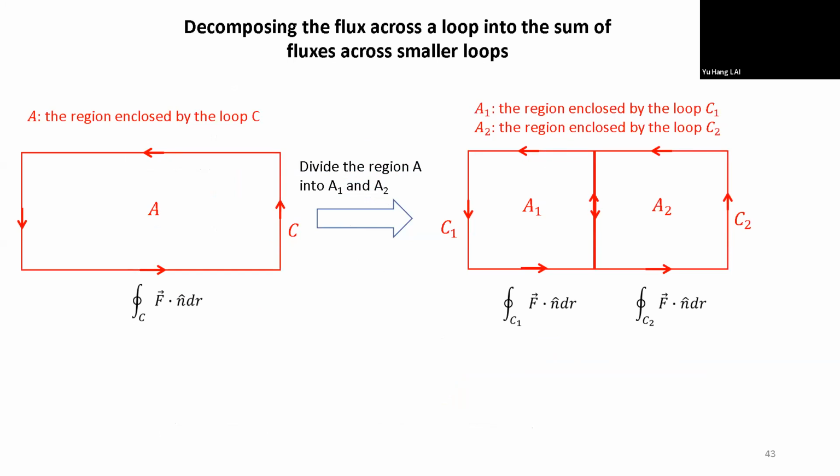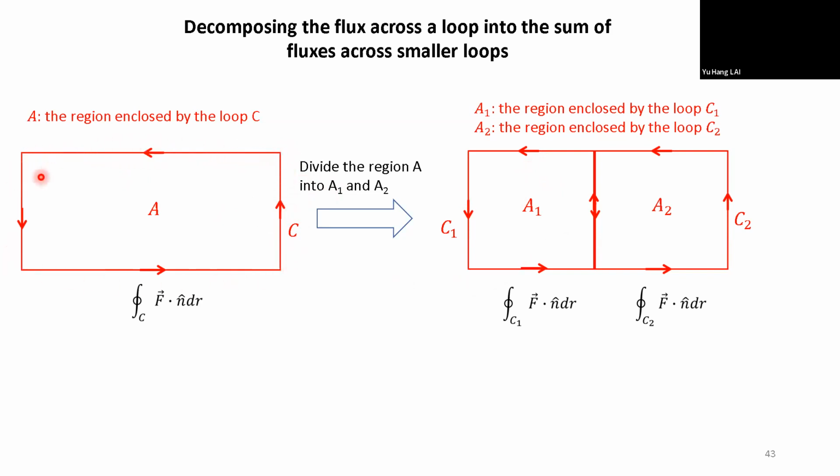Next, when you look at this diagram, you know what I'm trying to do. It's similar to last time: I'm going to decompose a big loop into small loops, and then into smaller and smaller loops. So what I'm going to consider is this, starting with this rectangular loop.